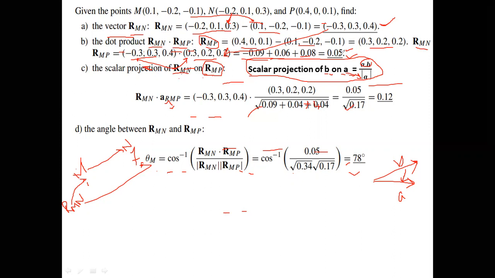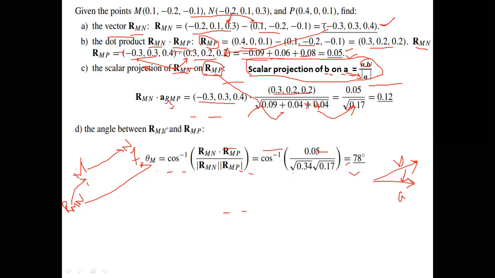So first we find the dot product of Rmn and Rmp, divided by the absolute of Rmp, because the projection is fallen on Rmp according to this formula. Okay, now the dot product is easy. Minus 0.3 into 0.3 plus 0.3 into 0.2 plus 0.4 into 0.2. So we will get this, and from the absolute we will get the square root of 0.17. So after dividing we will get 0.12.